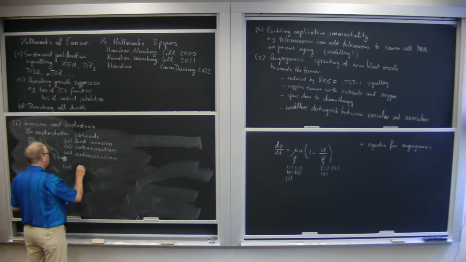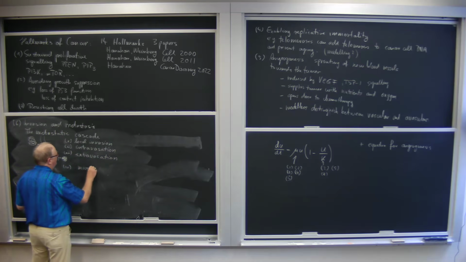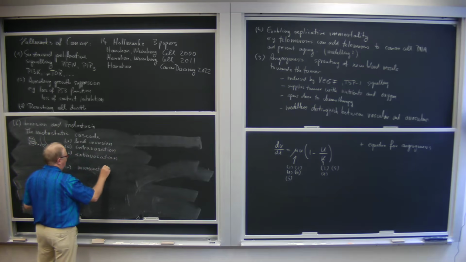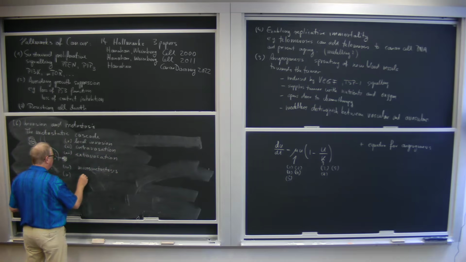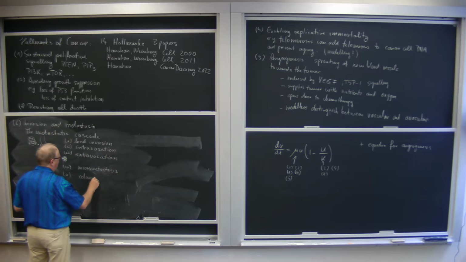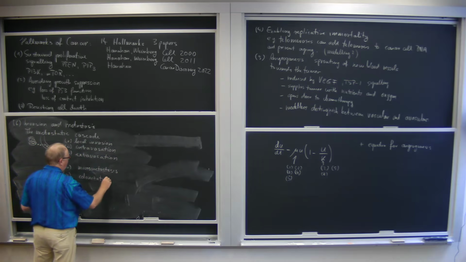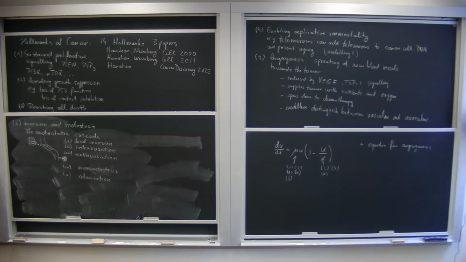And we have a micrometastasis. And then finally the colonization. Okay, and each process has its distinct characteristics, and each process kind of needs to be modeled in an appropriate way. Yeah.